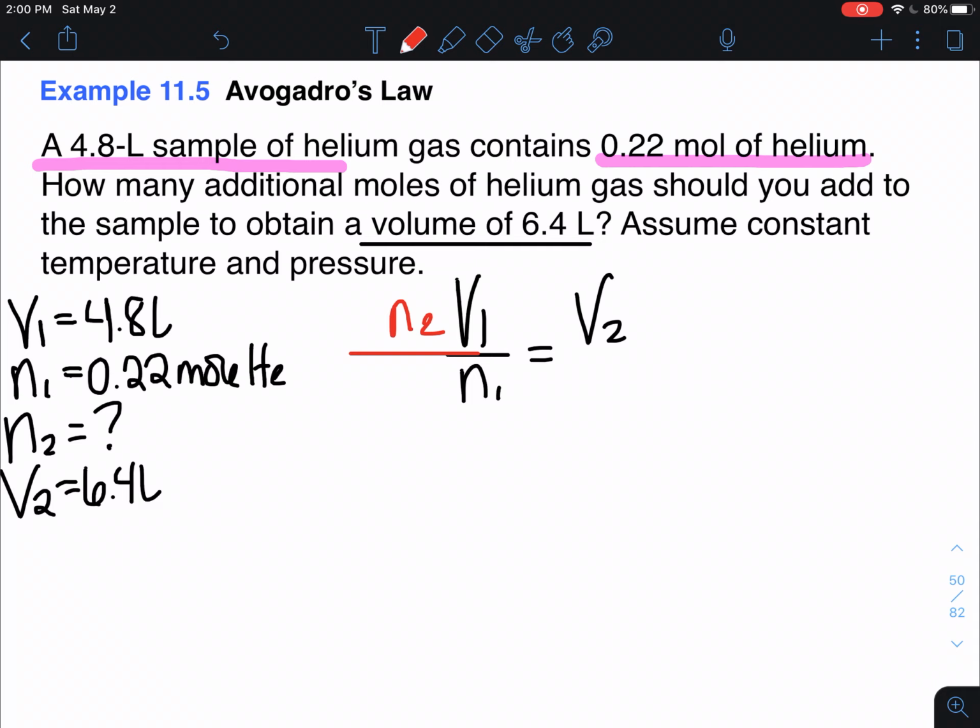And then I'm going to multiply both sides by this reciprocal, N1 over V1. So that's going to cross cancel out this, right? And then we're going to have N1 over V1 right here equals N2. So I'm going to go ahead now and delete everything so you can see the final. So finally, N2 equals V2 multiplied by N1 over V1.